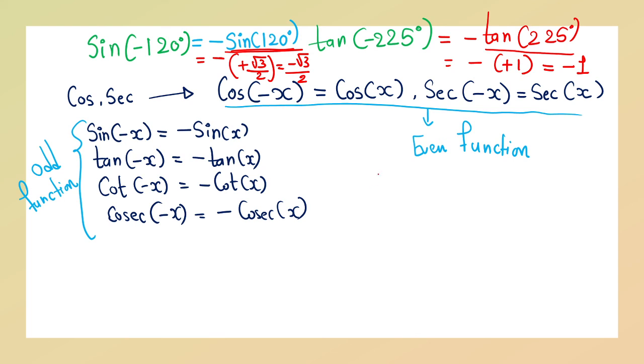Now suppose I ask you what is the value of cos minus 330 degree. The first step would be to come up with a positive angle, since cos is special, it gives the same answer in negative as in positive. Since it is an even function, it gives the same answer. So I will find this value.